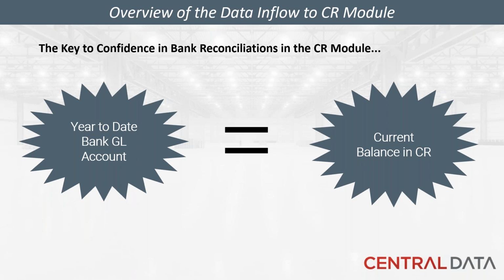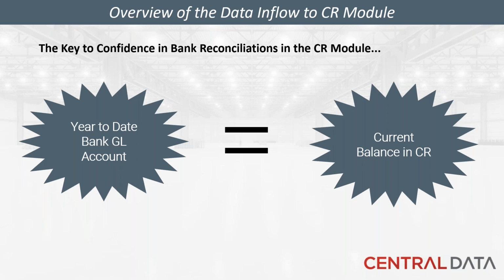When these two numbers are in balance, then you know that everything in your bank GL module is represented in the CR module, and vice versa, so that you're not clearing anything that wasn't actually posted to your general ledger, and you're not ignoring anything that was posted to the GL potentially in error, right? If I accidentally hit the bank GL for some manual posting and it's not in check rec, I won't have that outstanding reconciling item to say, hey, you got to go look at this. This advertising fee probably shouldn't have hit the bank, right?